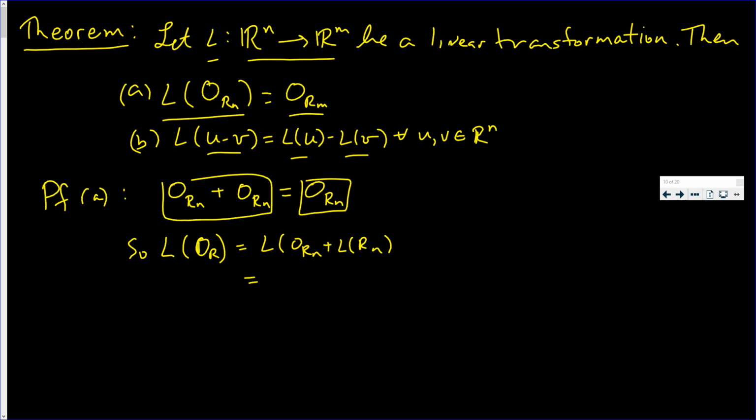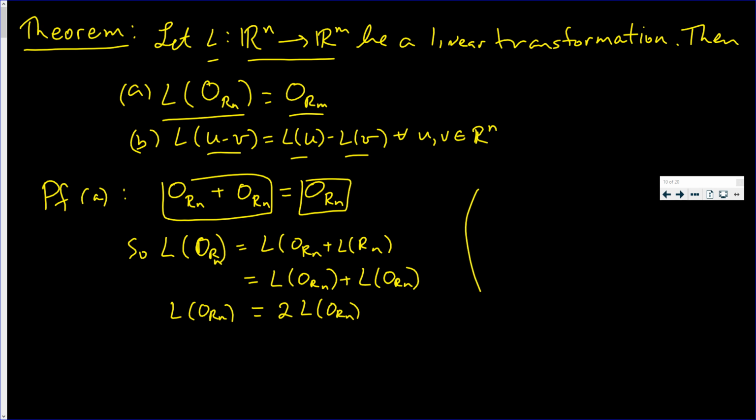But the right hand side, because it's linear, is L of 0 plus L of 0, which is 2 times L of 0. So we have L of 0 is equal to 2 times L of 0.